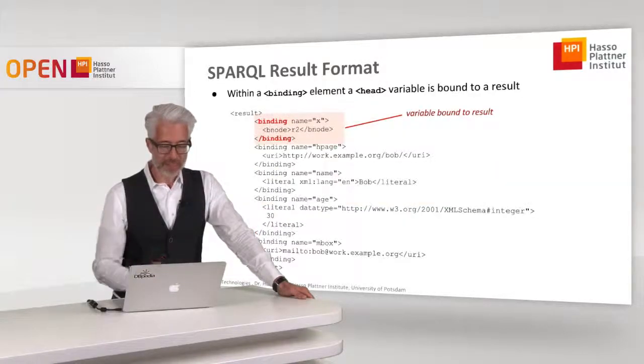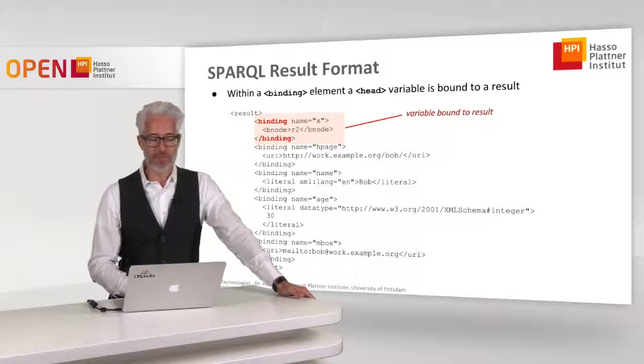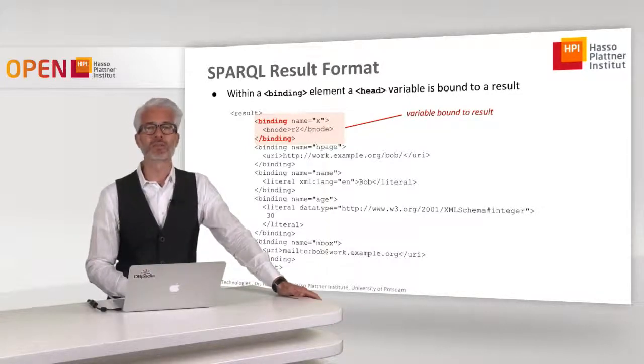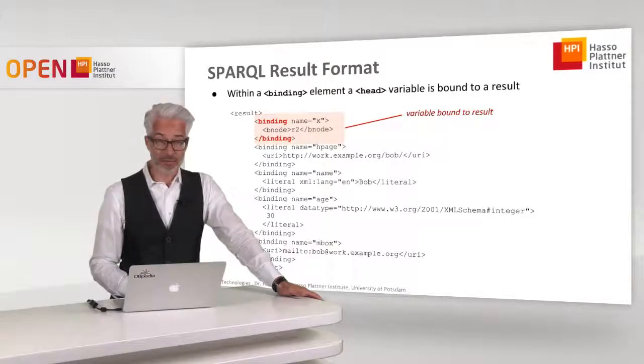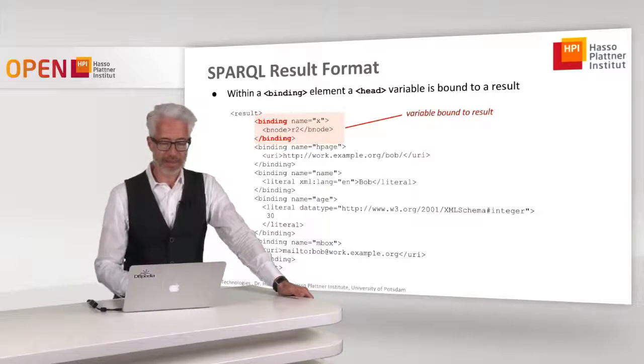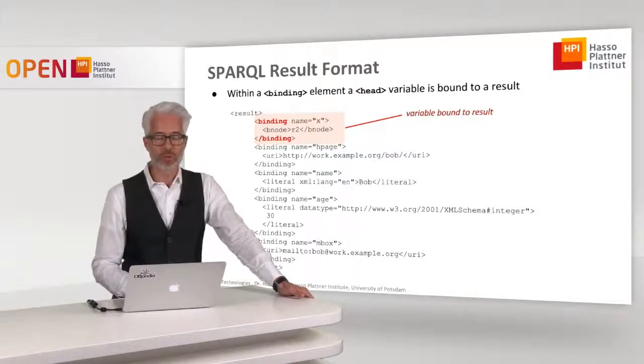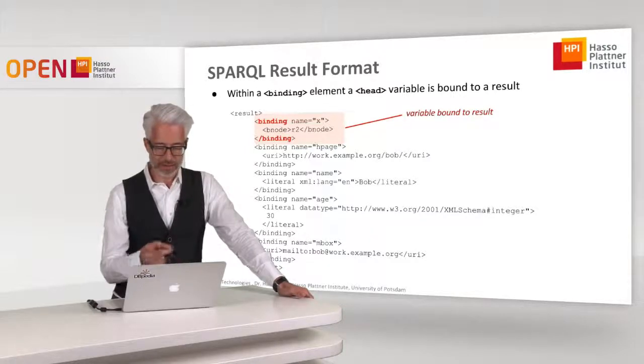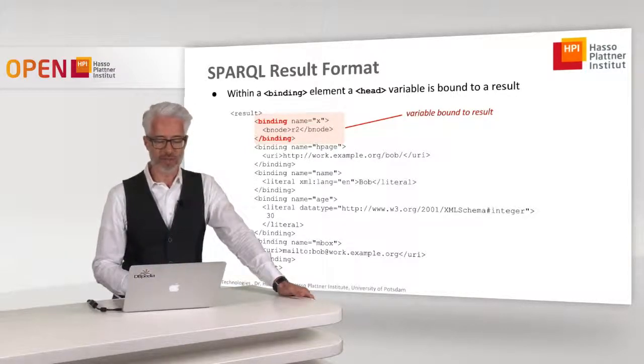Let's have a look at the binding. In the binding itself, you will see that, for example, here the variable X is bound to a blank node which has the identifier R2. Or let's take the second one. There we have a variable hpage. It's bound to a URI, and then you see the specification of the URI.